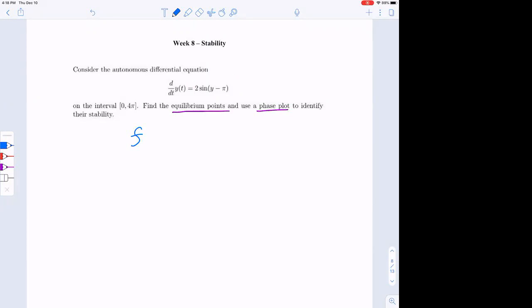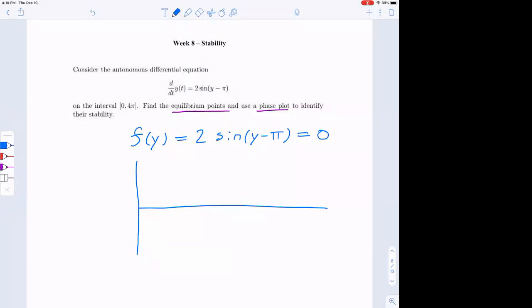So we have f of y equal to 2 sine y minus pi equal to 0. Then we're going to draw a phase plot. It might be easier to just draw that phase plot and see all of the times where our graph crosses the y-axis.